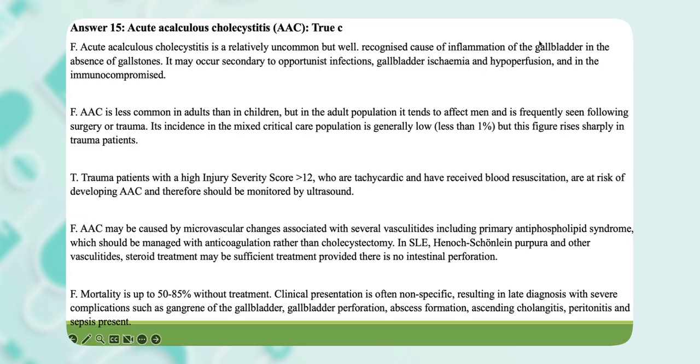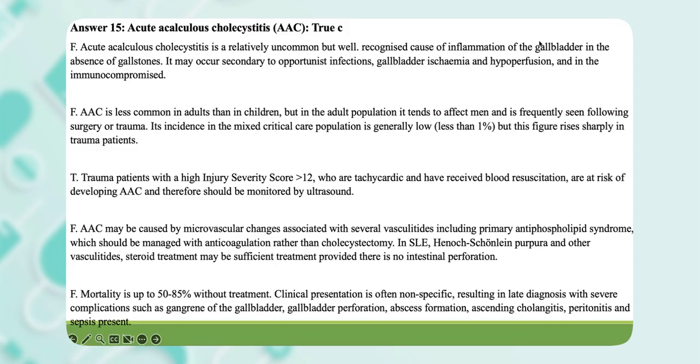Its incidence in the mixed critical care population is generally low, but the figure rises sharply in trauma patients. Trauma patients with a high injury severity score, more than 12, who are tachycardic and have received blood transfusion are at risk of developing acalculous cholecystitis and therefore should be monitored with ultrasound.